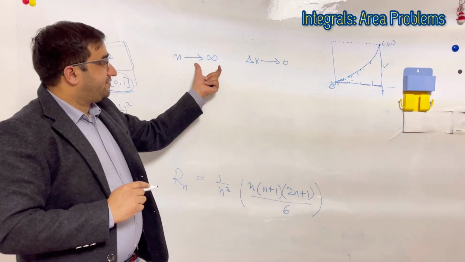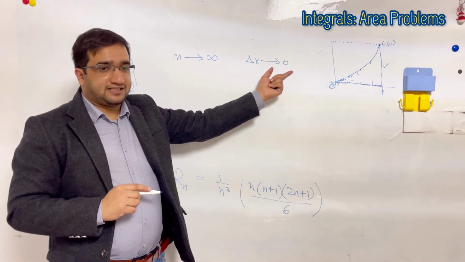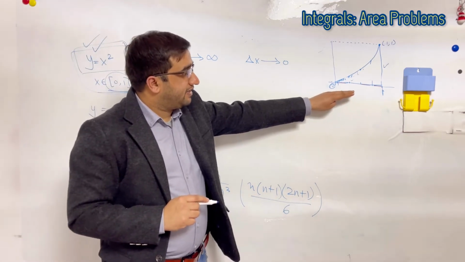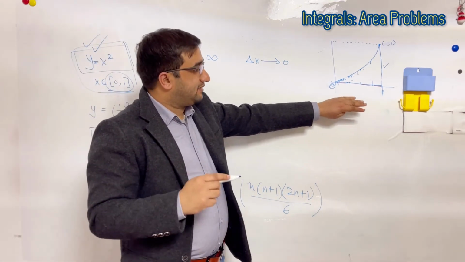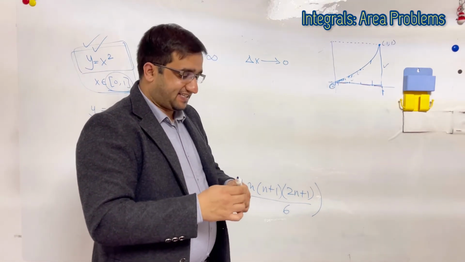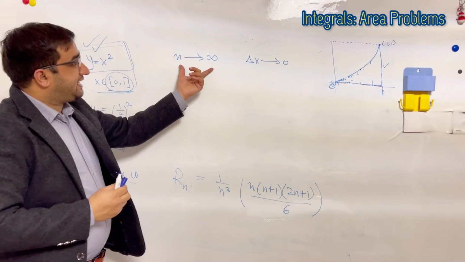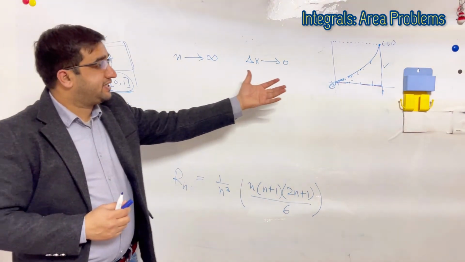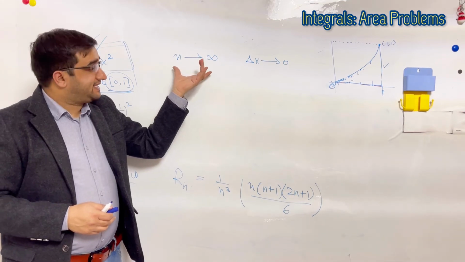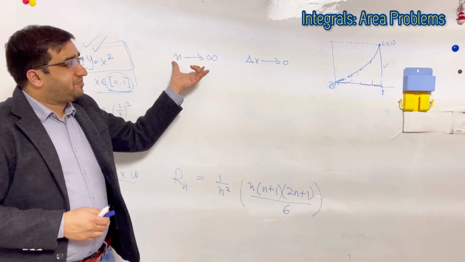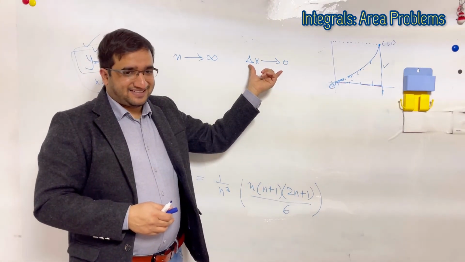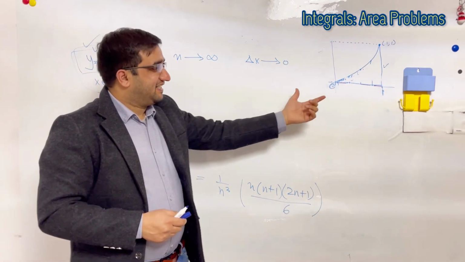Delta x is the width of one slice. So you are splitting into very small pieces, so delta x is almost 0.